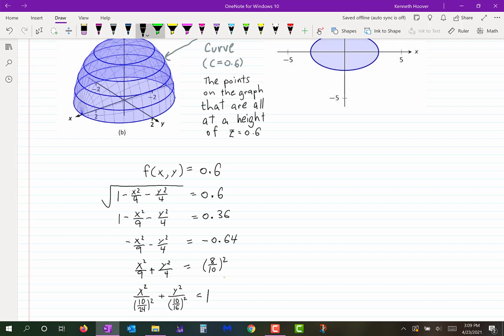That's the level curve for the height of 0.6. And that's an equation of an ellipse, right?